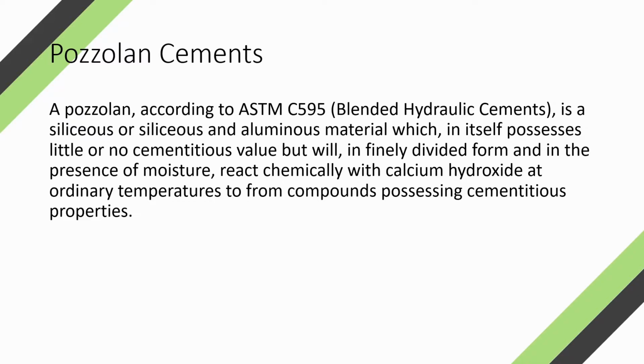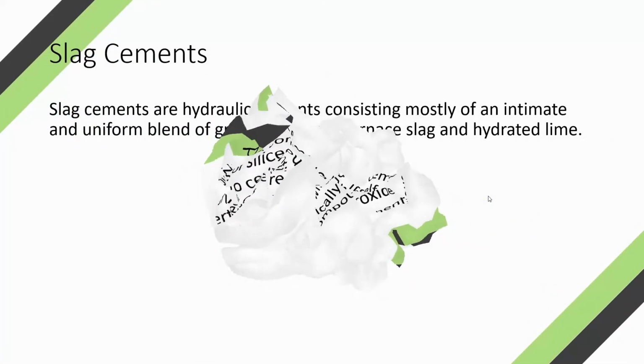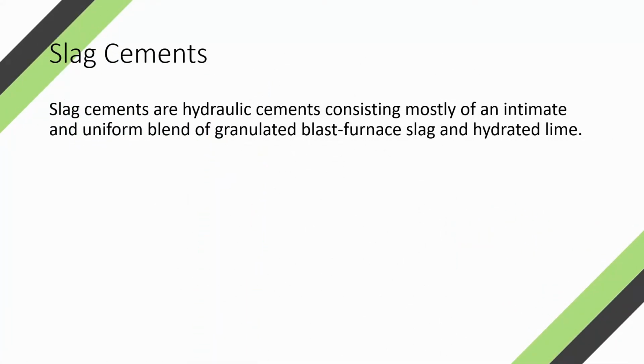So, hindi ganon kataas yung kanyang strength. So, their main use has been where mass is required rather than strength. So, yung gamit niya is hindi masyado sa mga structural uses. Yung kapag kailangan mo ng maraming semento pero hindi naman kailangan masyado yung strength, doon nagagamit yung ating pozzolan cements.